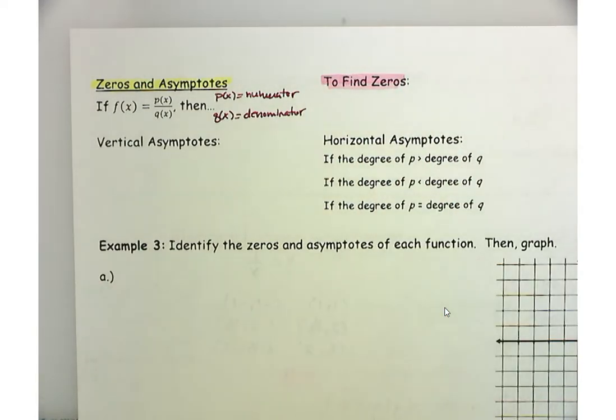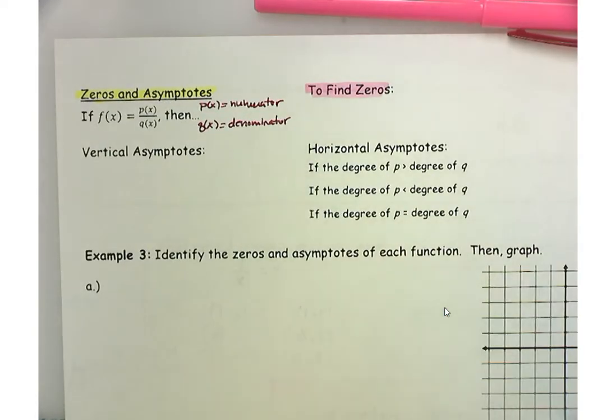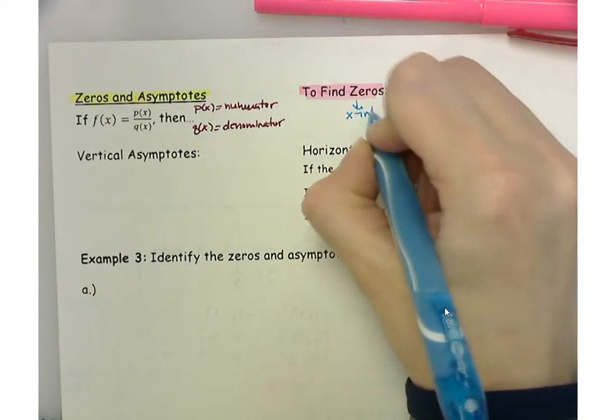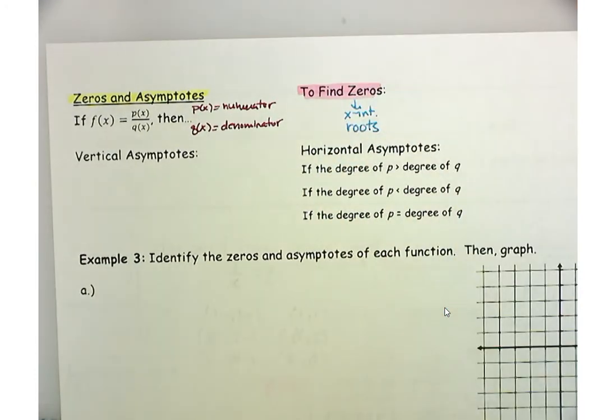So basically what happens if you have a rational function, so let's just say we have 1 over x equals y. Actually, let's say we have this: y equals x plus 1 over x plus 2. Let's say I want to find out where the x-intercepts are. If you plugged in 0, how would you solve this for x?